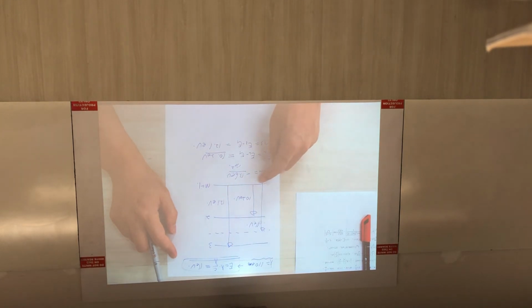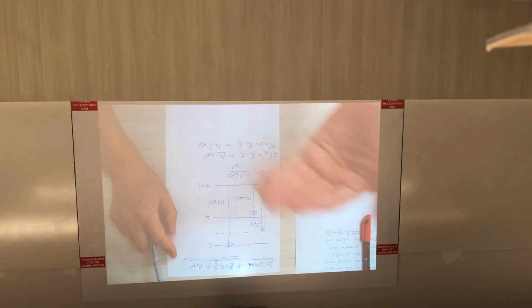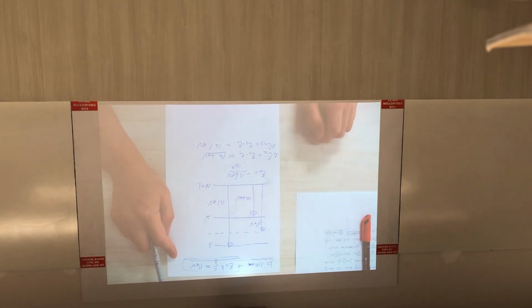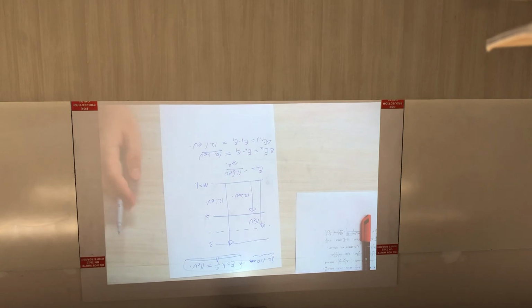Therefore, this photon won't make any excitation of the hydrogen. So we conclude that there is no excitation, and the hydrogen atom after the interaction will remain in the ground state.